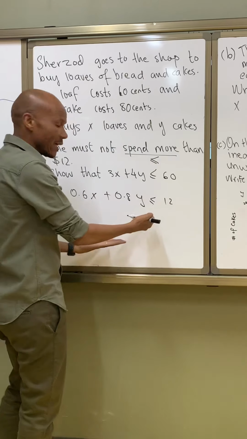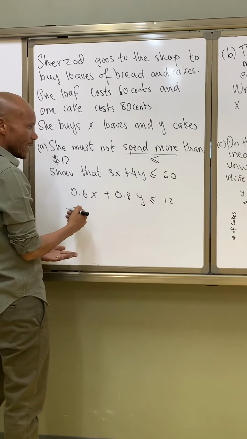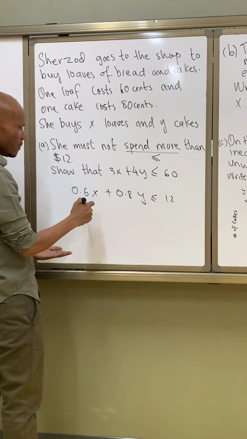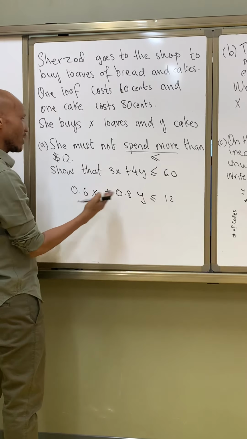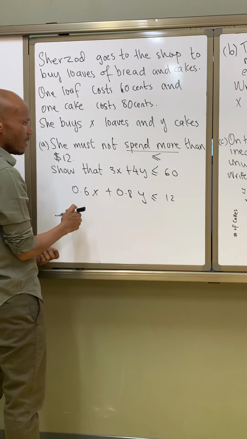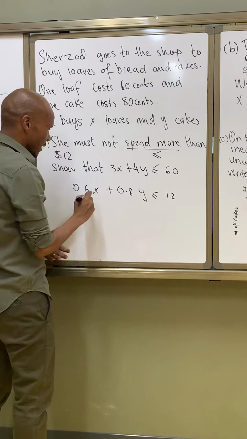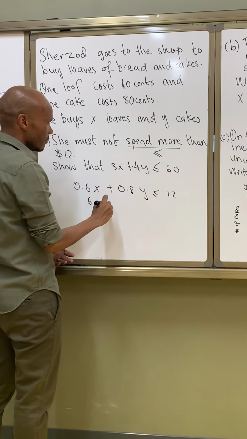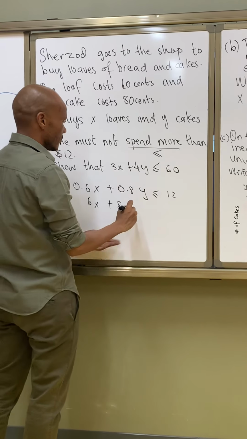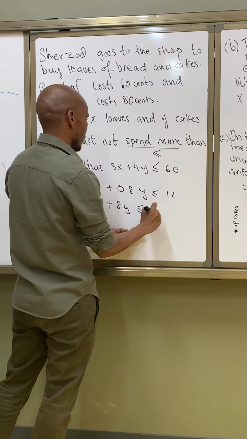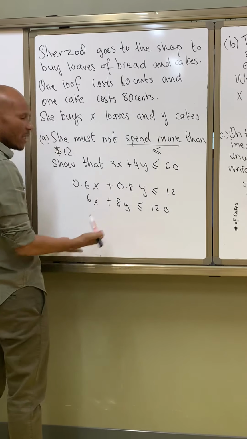And let's simplify this. Let's multiply by 10, and from here divide by 2.